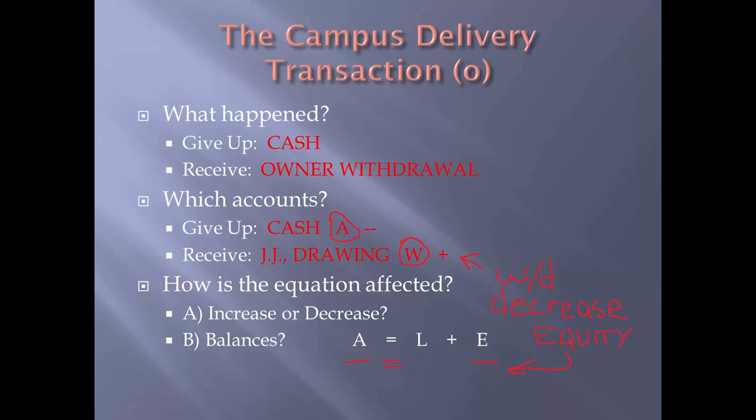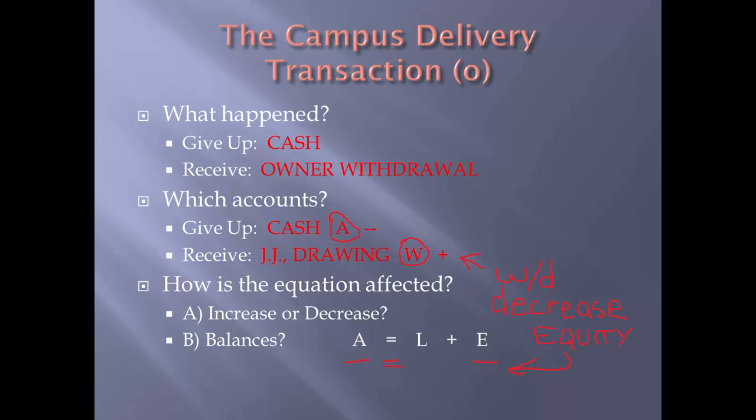The business gave up cash. This is just like owner investments. We put the cash in the right place first, and then whatever is left over, we put either owner investment or owner withdrawal, whichever it happens to be. So here we got the cash in the give up, and then we have the receive open, so that's where we're going to put owner withdrawal.